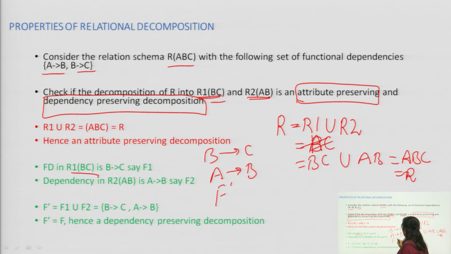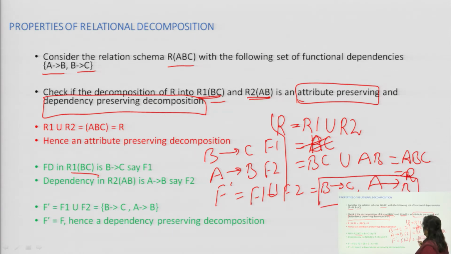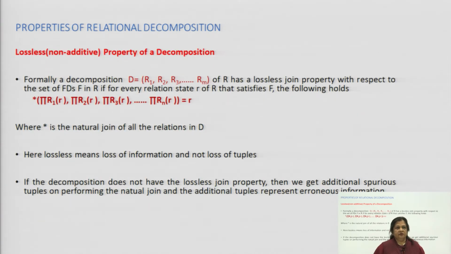So, what is F dash? Call this as F1, call this as F2. F dash is equal to F1 union F2, which is equal to B to C union A to B, which is equal to F, that is the functional dependencies which we have in the given relation. So, this is also a dependency preserving decomposition.